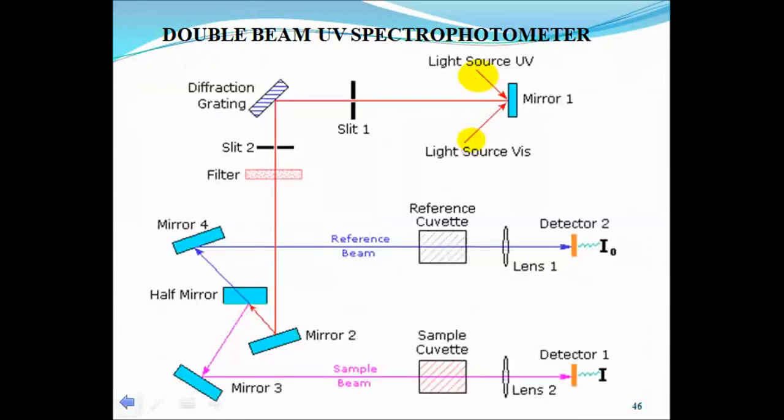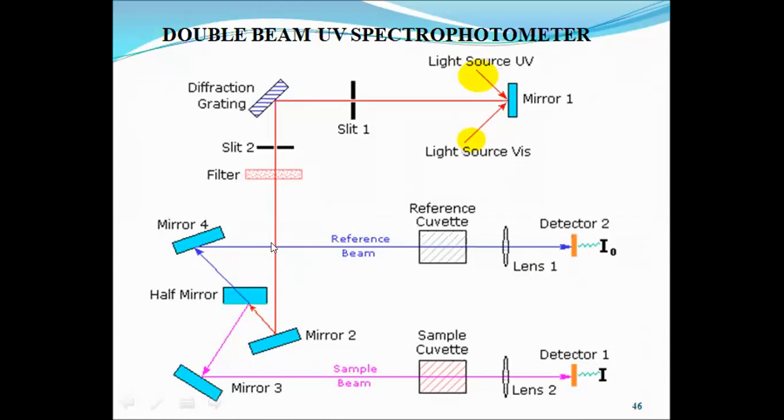The same double beam spectrophotometer is shown here. Here we can see the light source, slit number 1, and the diffraction grating, which converts this light so that monochromatic radiation passes through. This is the chopper, which divides the beam into two halves with the help of mirrors.